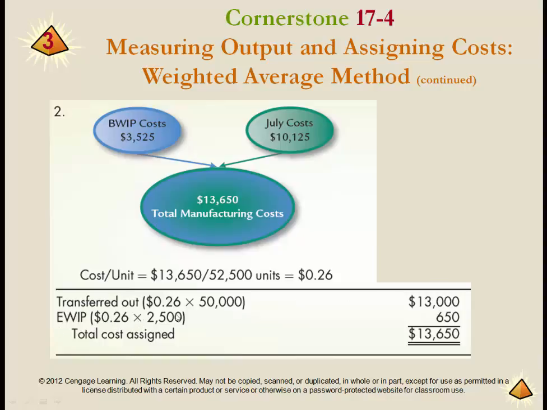And the 2,500 equivalent units times the 26 gets us 650. If you notice, this number and this number balance. So all we've done is distribute them. The value of our ending work in process is 650, and the value of what we transferred out, what's going to reside in the finished goods account until we sell it, is $13,000.